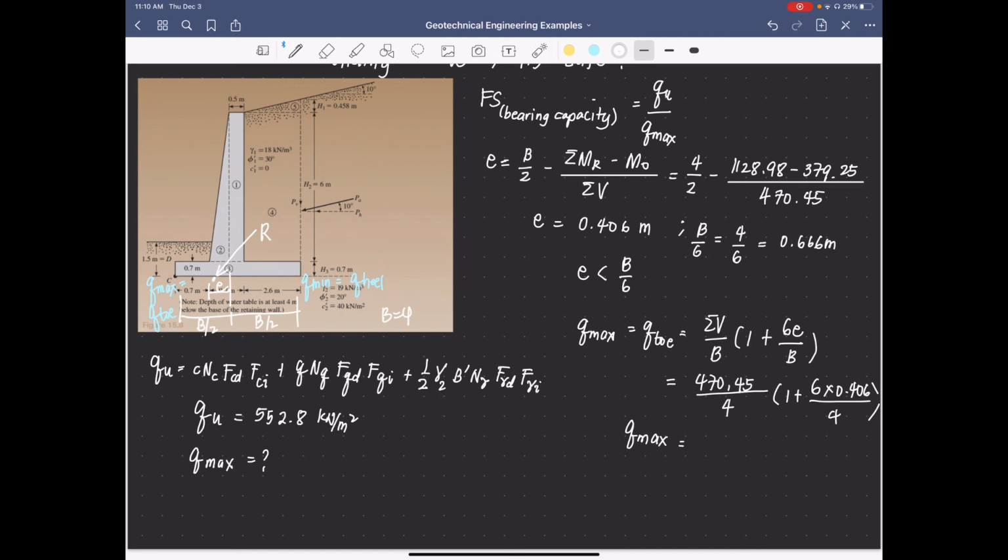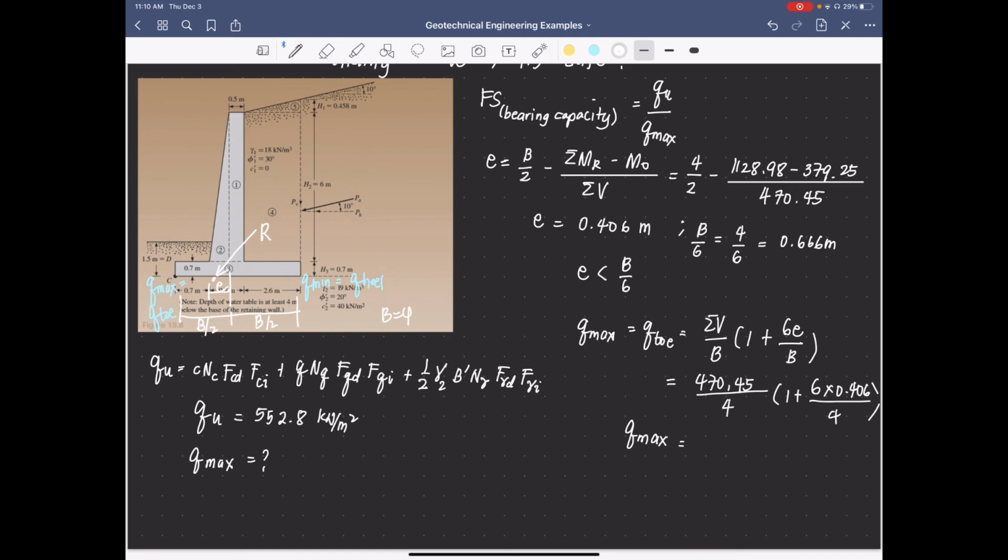while Q minimum is equal to Q at the heel, which has the same formula but opposite sign. This becomes minus 6e over B. So from here we can solve for it. We have 470.45 all over 4, 1 minus 6 times 0.406 divided by 4.